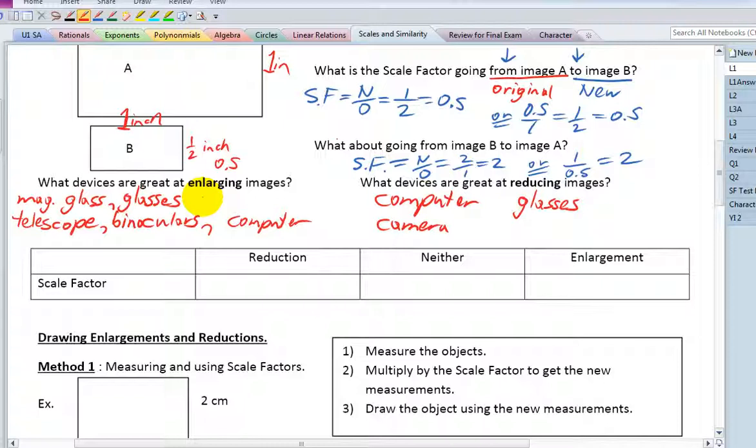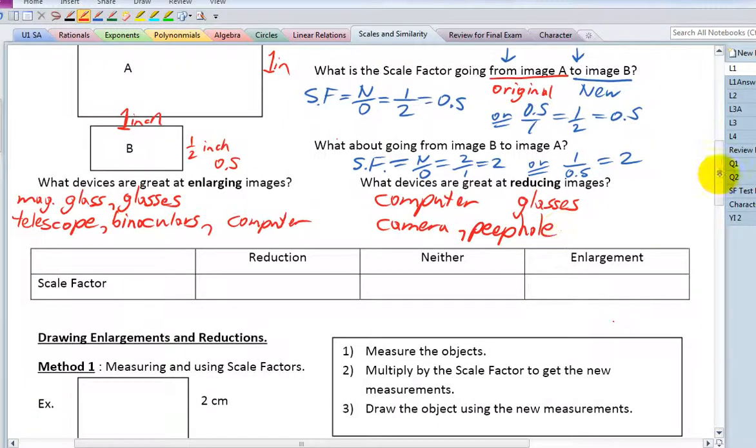But it doesn't actually make your face bigger. So really, since my big face can fit in a small peephole, what would it be? Reducing. Okay, good.